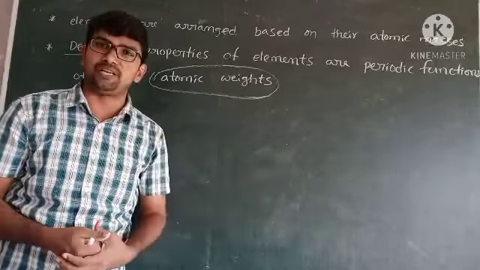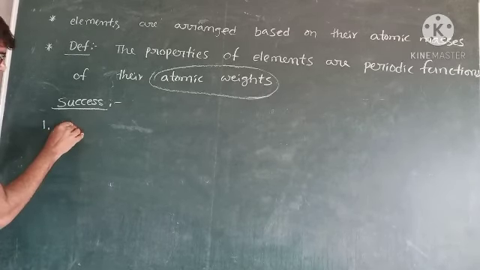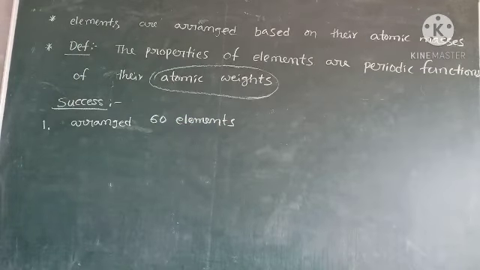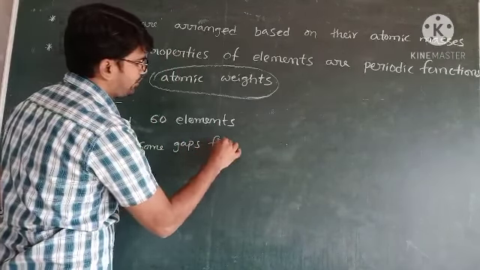What are the main points discovered and discussed in it? The first one is he arranged nearly 60 elements in his periodic table. And he left some gaps for new elements.